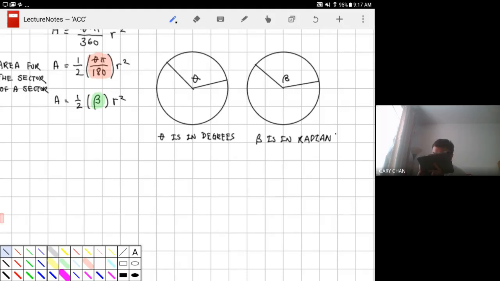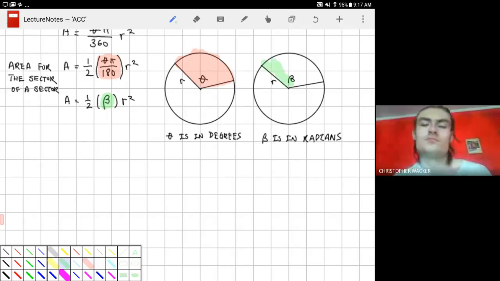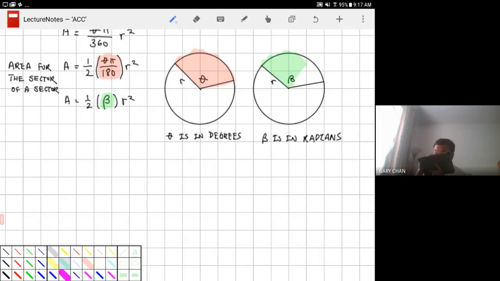But in fact, they mean the same exact things. These two circles are describing the same area of the sector. I'm highlighting this in pink, and this in green. Again, they mean the same exact things here, guys.